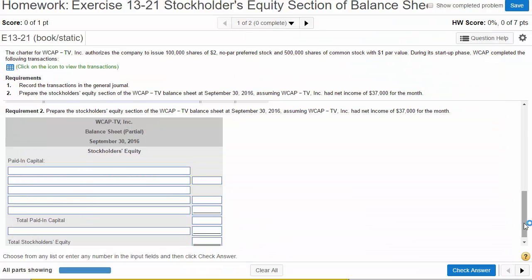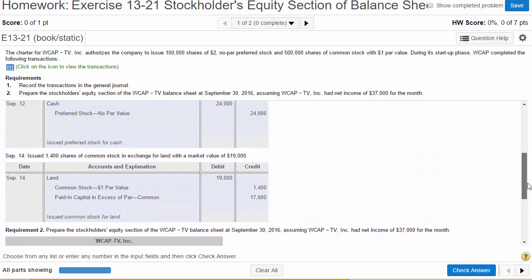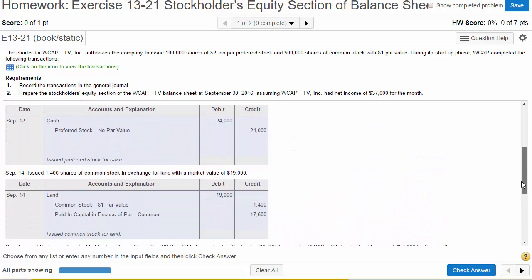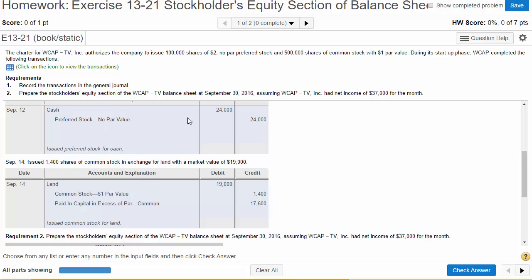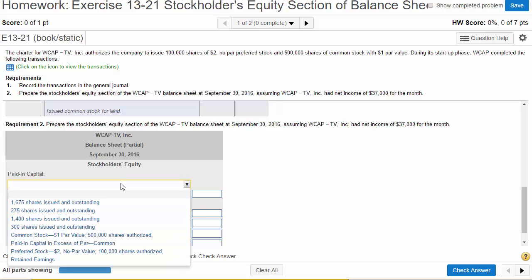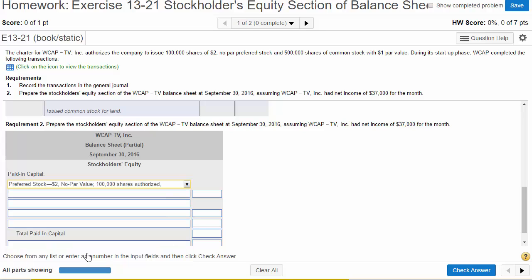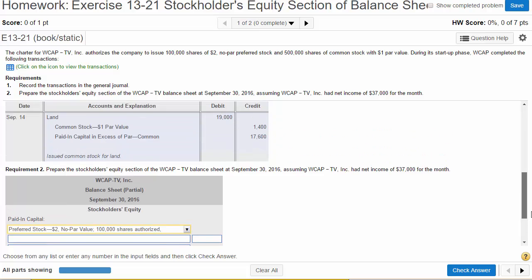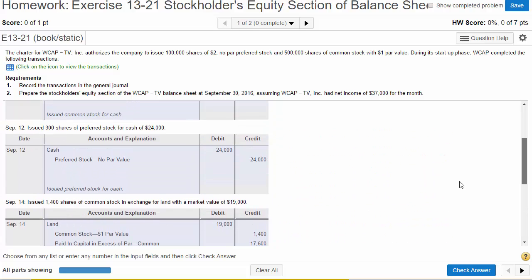So let's scroll back up here. We have to look for our preferred stock, and here's our preferred stock. We had $24,000 worth of preferred stock. So we're going to list preferred stock, $2 no par, 100,000 shares authorized. And let's go back to see how many we issued. We issued 300 shares.